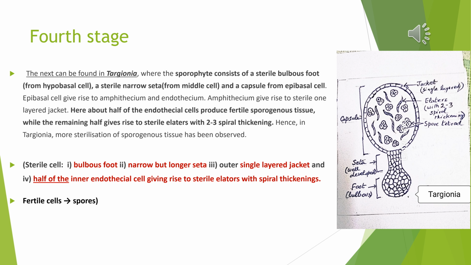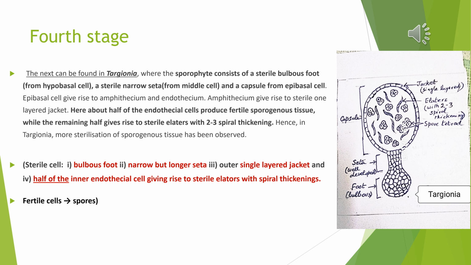Amphithecium gives rise to a sterile one-layered jacket. The important point here is that about half of the endothecial cells produce fertile sporogenous tissue, while the remaining half give rise to sterile elaters with 2 to 3 spiral thickenings. Hence, in this way more sterilization of sporogenous tissue is done.